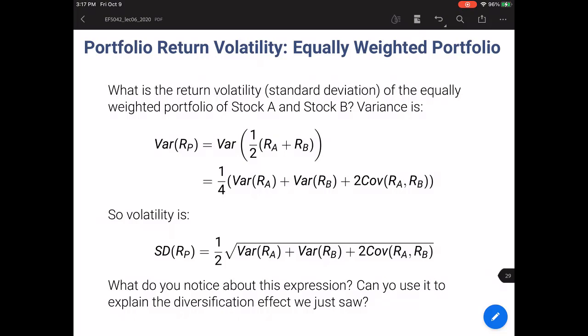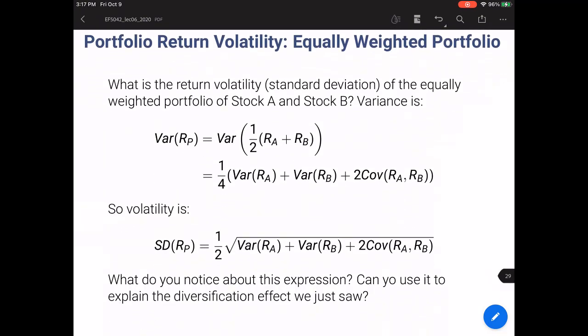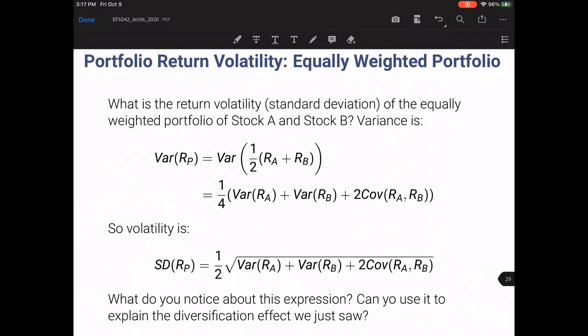Recall that when we have a constant term multiplying a set of random variables, we can take it out of the variance function and square it. So that's where this 1/4 comes from. And then using the property of variance, we can just take the variance of each component and add an extra term for its correlation.